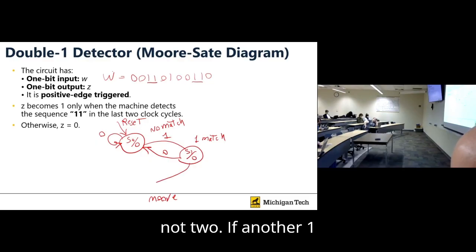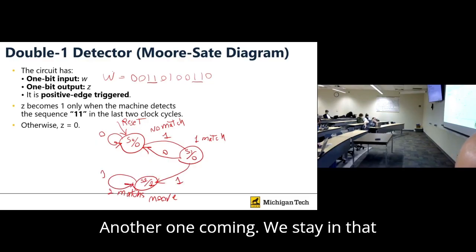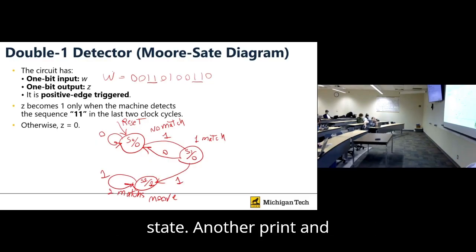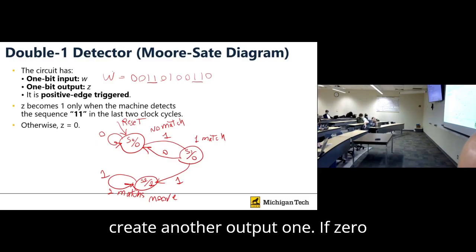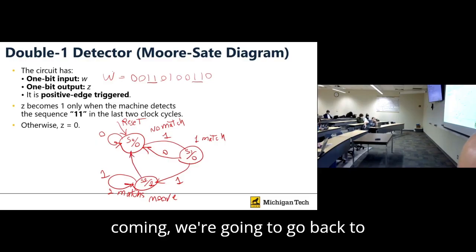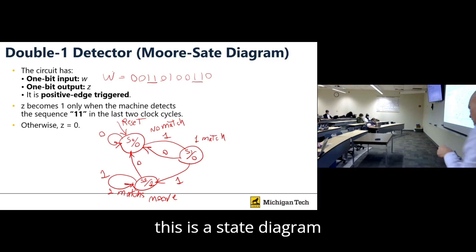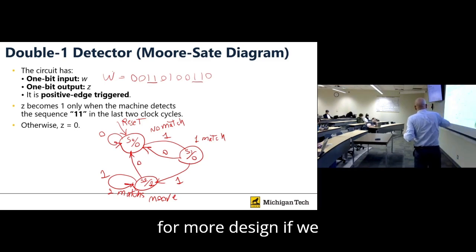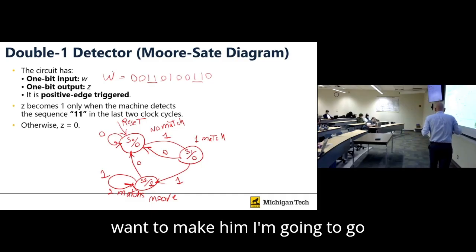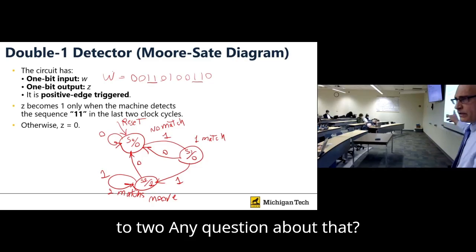If another one comes, we stay in that state and create another output 1. If 0 comes, we go back to state 0 and start again. So this is a state diagram for the Moore design. Any question about that?